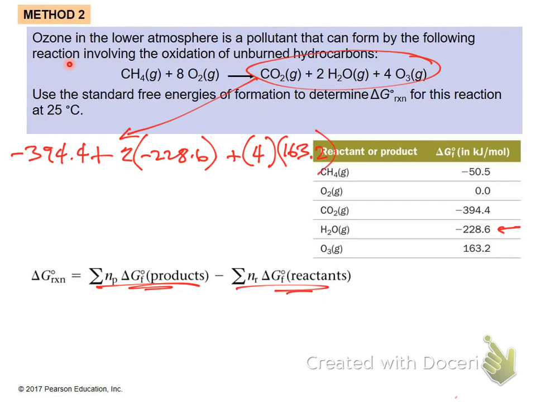All right. And this gives us negative 198.8. So that's for the products.